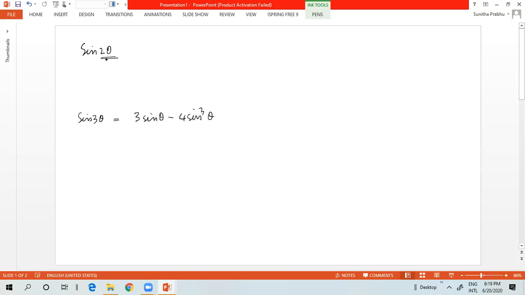This is sine 20, sine of thrice of that. How much is it going to be? So sine 60 is root 3 by 2. So you have root 3 by 2 is equal to sine theta into 3 minus 4 sine square theta.